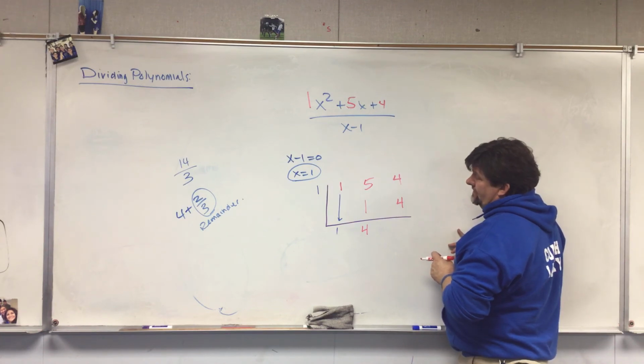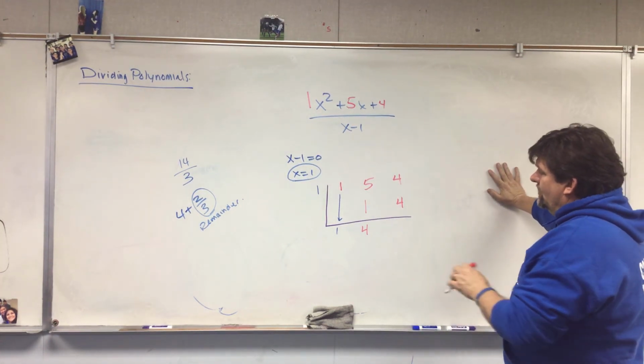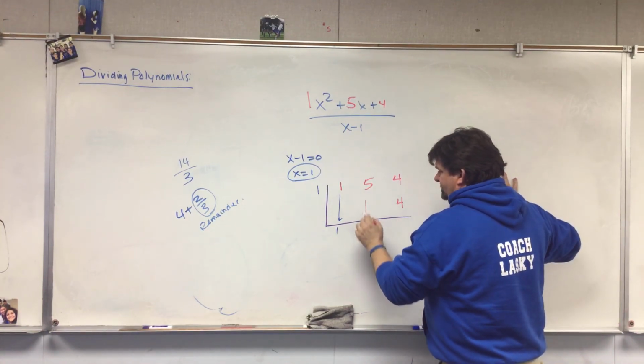That shouldn't have worked out. What the heck happened here? Hold on, guys. Let me think about this. Oh, we add the columns. Sorry. We add the columns. 5 plus 1 is 6.